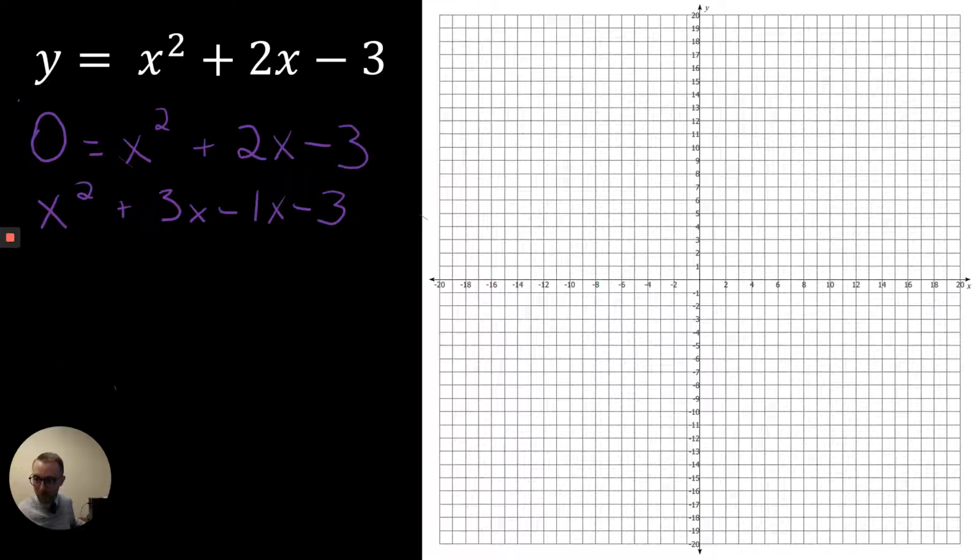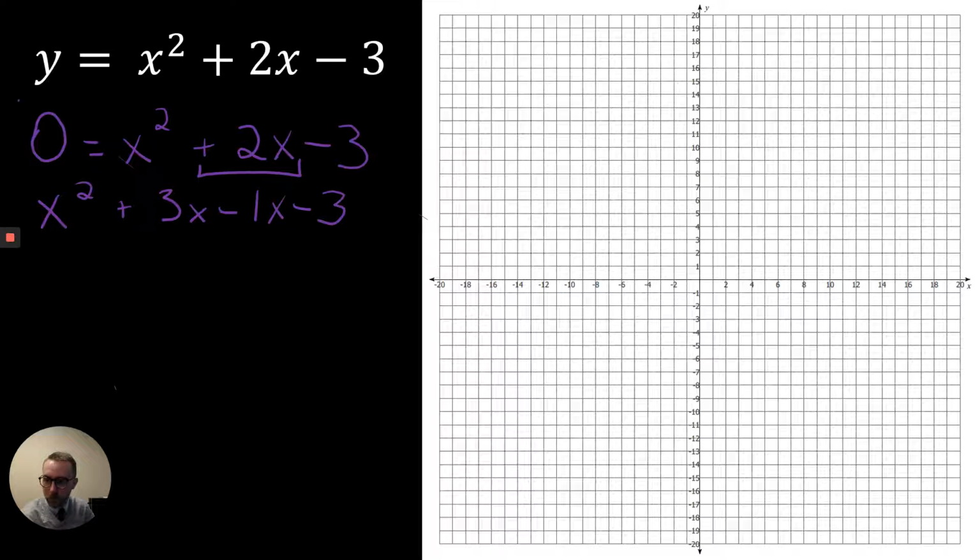So the first step in factoring is to split that middle term into 2 new terms. Now, I'm shifted into reverse right now. If I shift into drive and I move forward and I combine like terms, 3x and negative 1x is going to give me positive 2x. So if I shift into drive, I should go back right to where I started. But right now I'm kind of driving in reverse.